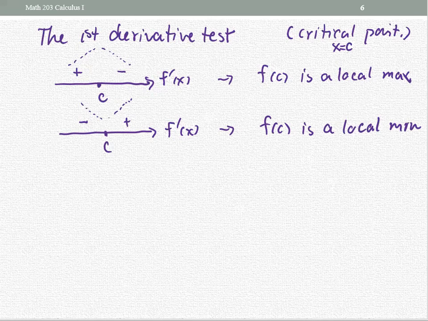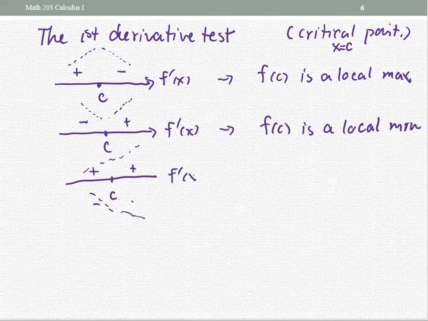It's this straightforward. Another case is that you have the point c as a critical point, but the sign doesn't change. If it's increasing, then increasing again, or the other way, negative, negative, the graph decreasing and then decreasing again.